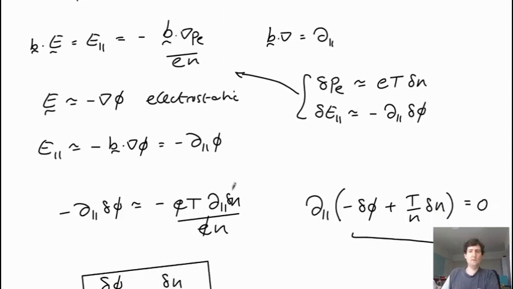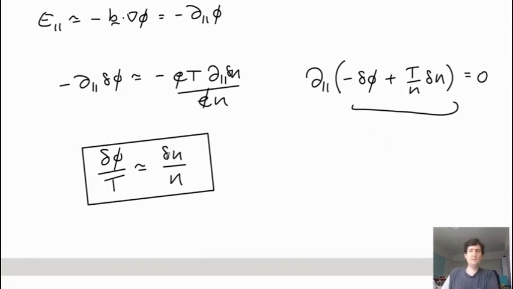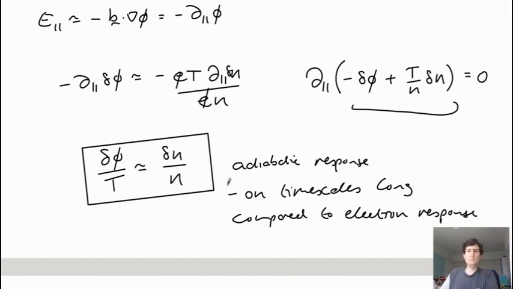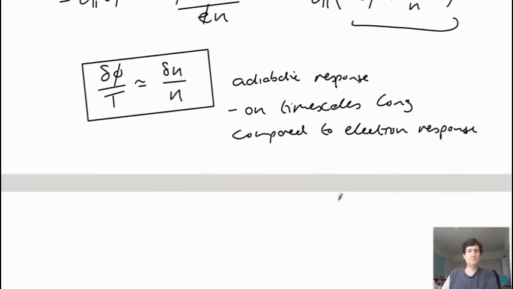If the density is changing slowly, the electrons have time to respond, and they will move around and change the potential so that this equation holds. This is for long time scales compared to the speed the electrons move, the inertial speed, or the plasma frequency of the electrons.